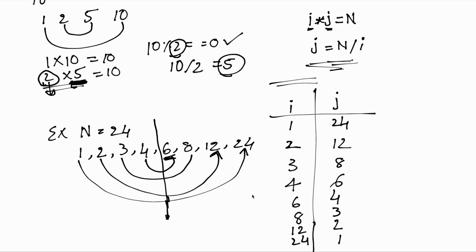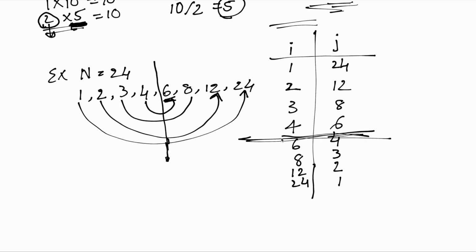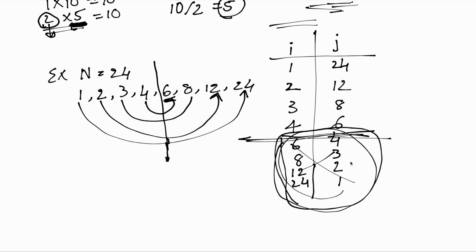If you see here, by here itself we found all of our factors. So there is no need to iterate over all these numbers. There is no need of this.